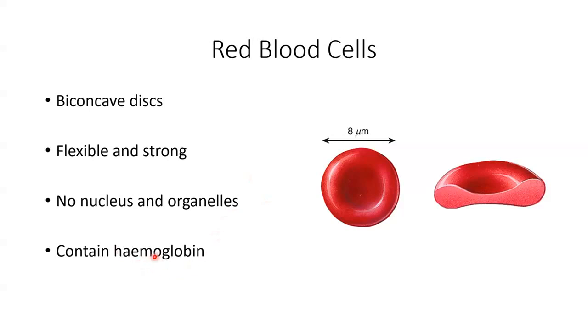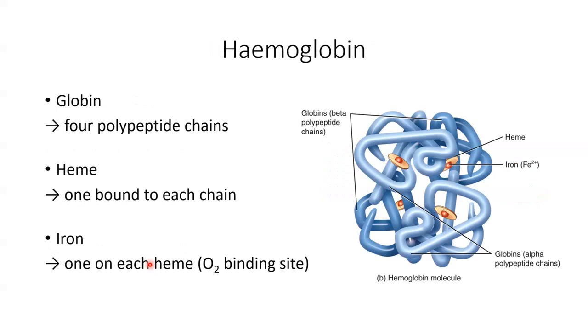Within the cytosol of our red blood cells is hemoglobin, which we mentioned briefly when we looked at the respiratory system. Each red blood cell contains about 280 million hemoglobin molecules. Hemoglobin molecules consist of globin, which is a protein made up of 4 polypeptide chains, and a ring-like pigment called heme.